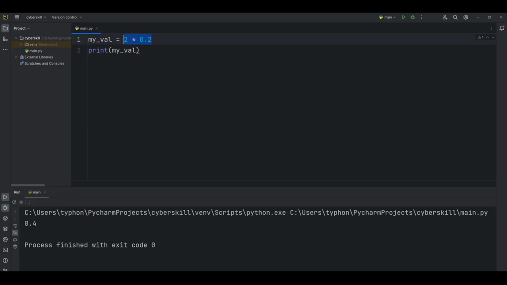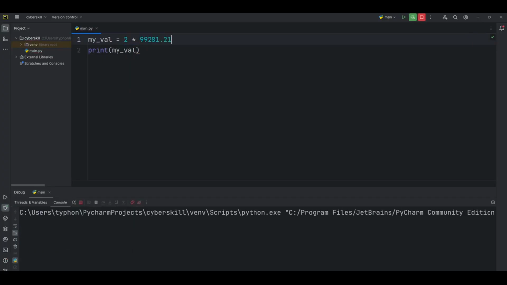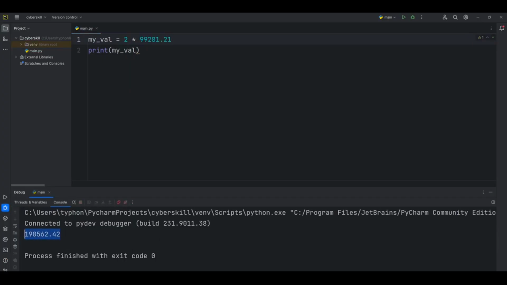And here we have 2 multiplied by, for example, 99 with some decimals, and here you can see we multiply this number by 2. This happens in all languages, and there's something you should see. Not a bug, but you should see it. Here we have 3 multiplied by 0.1, and this here.